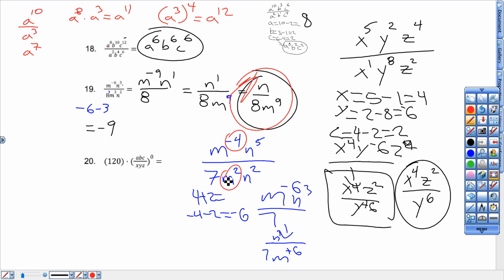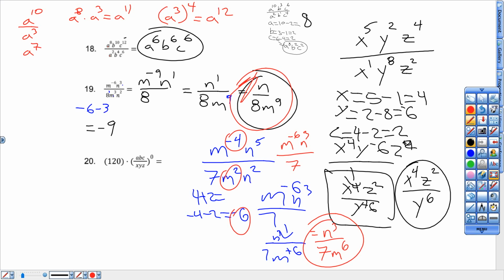You got -6. That gives you m to the -6, n to the 5 minus 3. And then you left that 7 alone. And then you brought this down, right? Good job. So that ended up being n to the 3rd over 7 m to the +6. What do you think? Just madness, right?